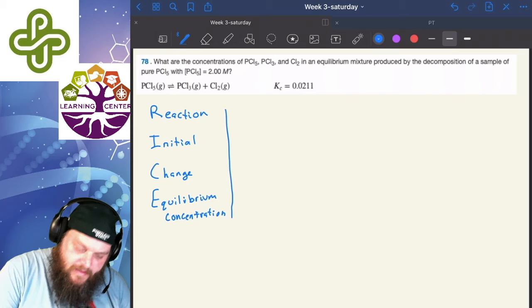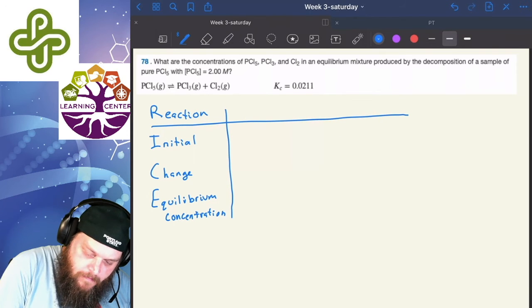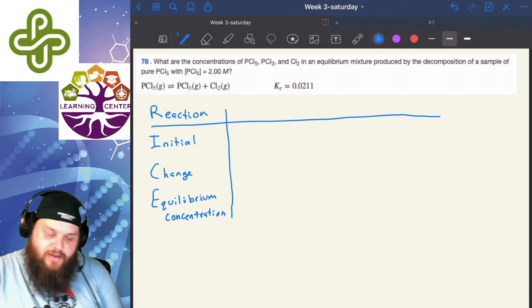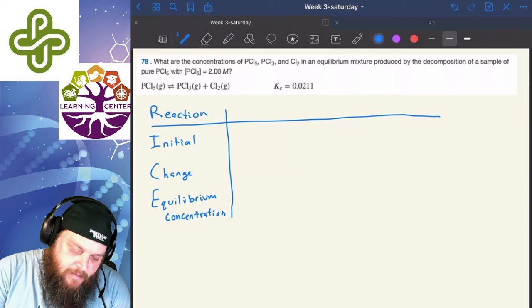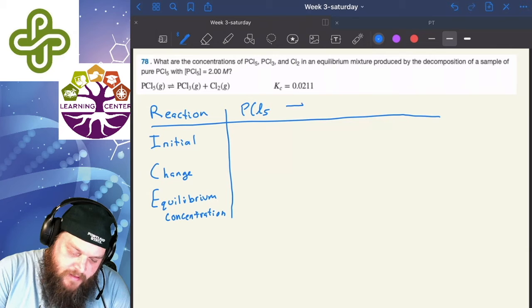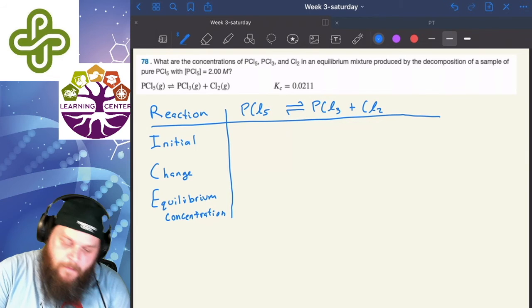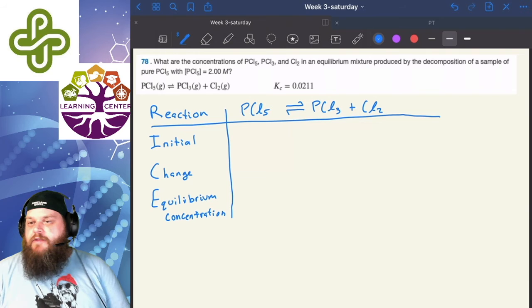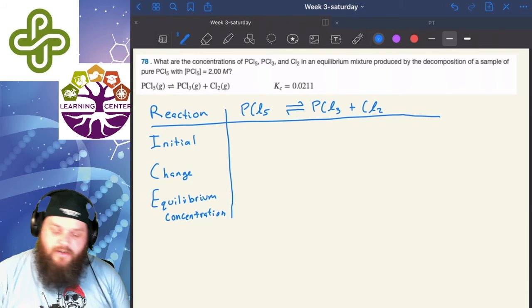And if I make this into a little chart, I can write the reaction at the top. So that's going to be PCl5 in equilibrium with PCl3 plus Cl2. And for the initial, we're writing that initial concentration.